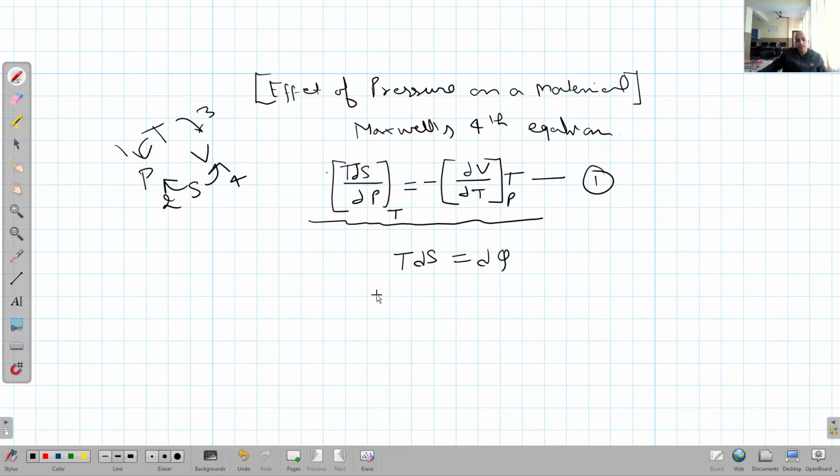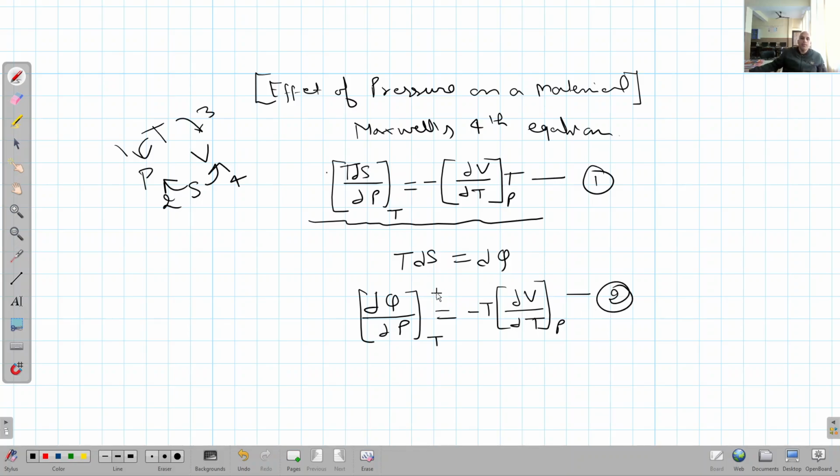So now I am going to replace this equation with ∂Q upon ∂P at constant temperature, that is equal to minus T ∂V upon ∂T at constant pressure. This is equation number 2.